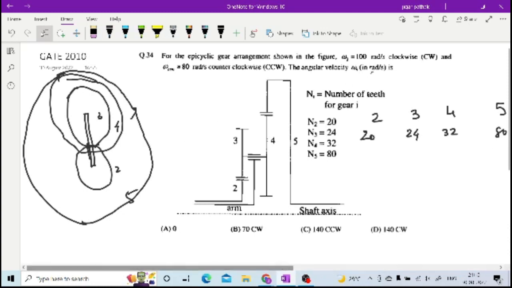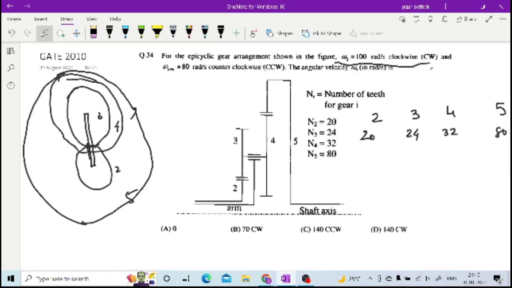What is provided is omega 2 100 radian per second clockwise, omega arm 80 radian per second counterclockwise, and this omega 5 in radian per second that you have to calculate.